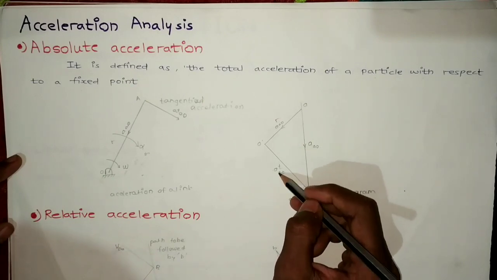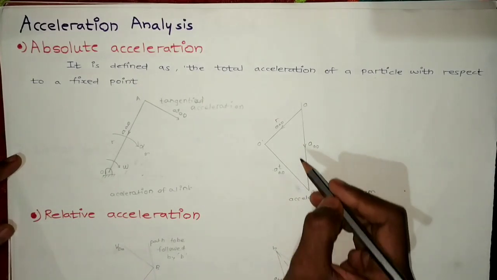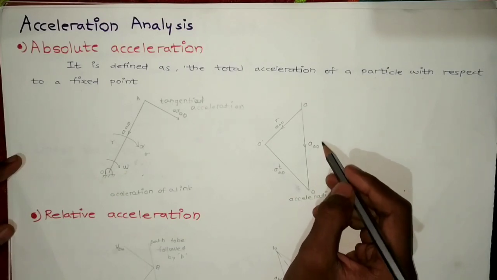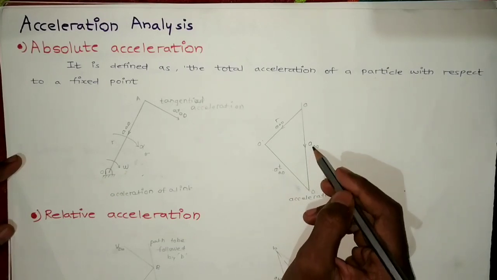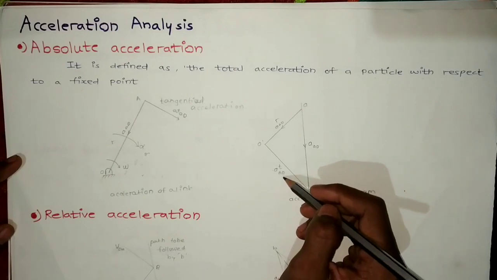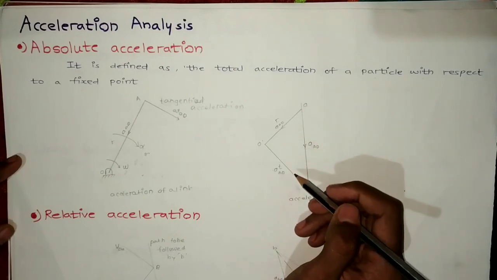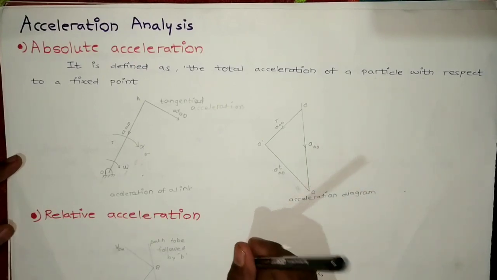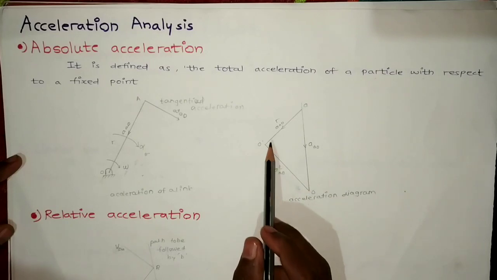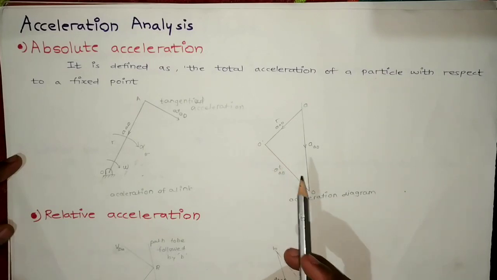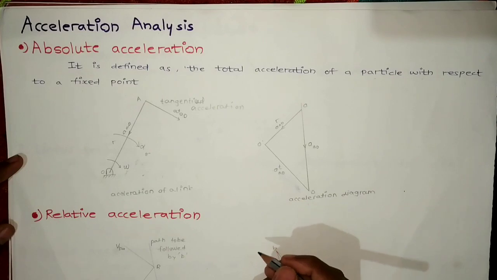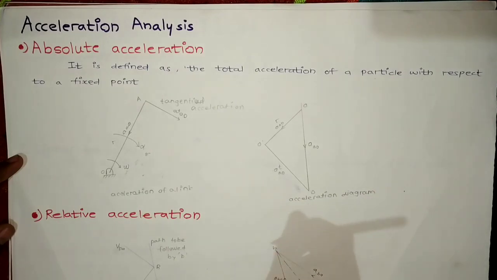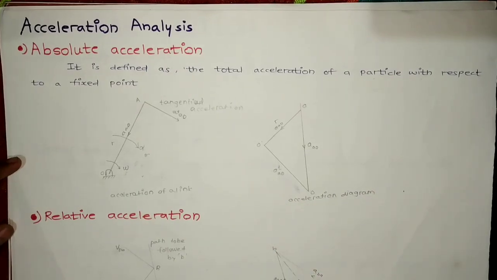Absolute acceleration of point A with respect to fixed point O is given as AO is equal to AR plus AT, and there are two components, first radial component and second tangential component. The radial component of acceleration is perpendicular to the velocity of the particle at a given instant, and the tangential component of acceleration is parallel to the velocity of the particle at a given instant.